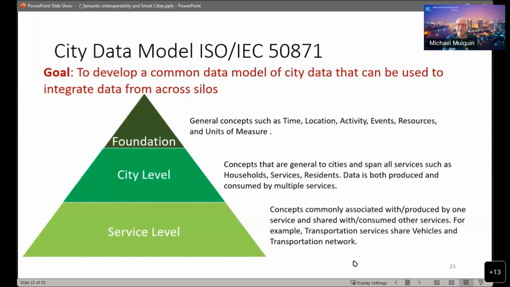And then it goes down to the service level, where you're talking about concepts which are much more focused within the different system level, where they need to be developed by the owners of that, or the people running that system, because they're the experts on that particular area. But they need those data models to be made available to all the other systems so that they can have a common way of dealing with these things.